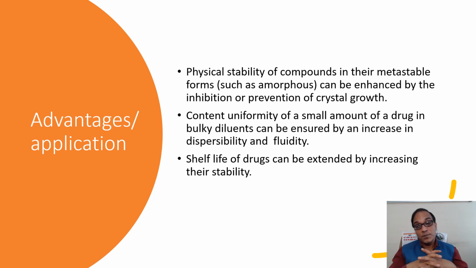Physical stability of compounds in their metastable forms such as amorphous can be enhanced by inhibition or prevention of crystal growth. Content uniformity of a small amount of a drug in bulky diluents can be ensured by an increase of dispersibility and fluidity. Shelf life of drugs can be extended by increasing their stability.